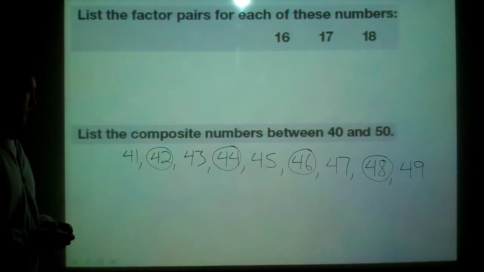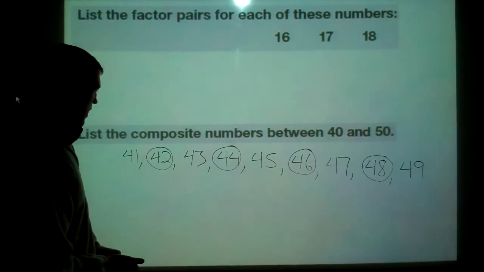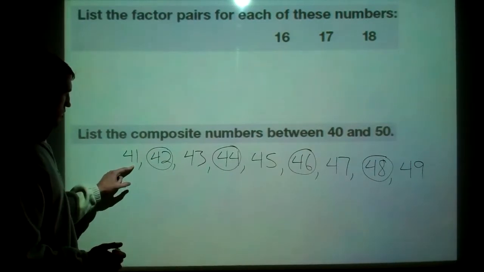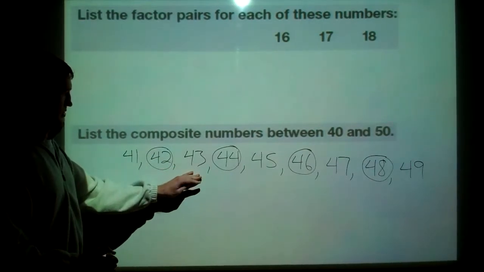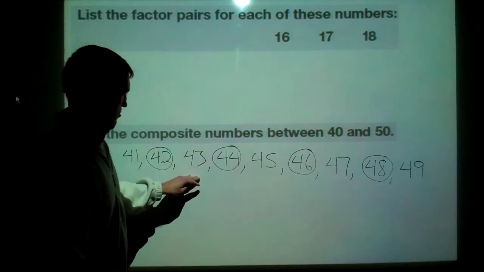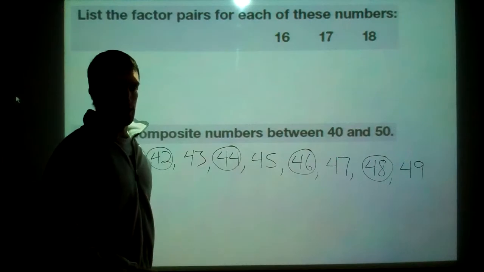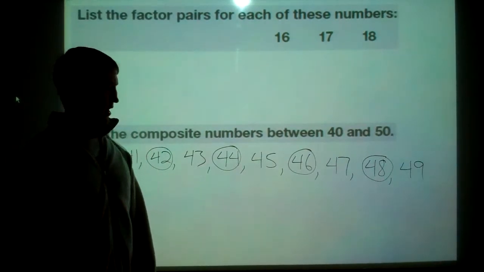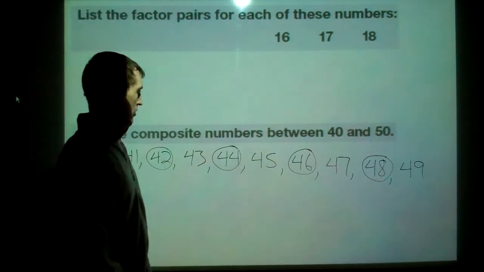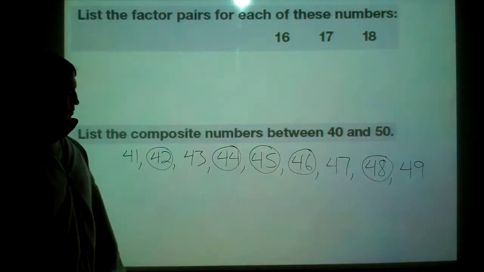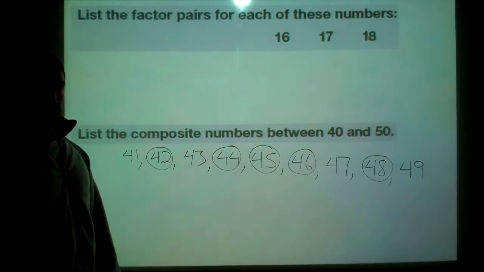So we know that's the case. 41, I think it only has 2 factors, 1 and 41. 43, I believe, is the same way. So I believe those are prime, and I'll double check that in a second. 45, I know that 9 times 5 is 45, so more than 1 and 45 go into it, so that's composite. 47, I believe that is also a prime number.